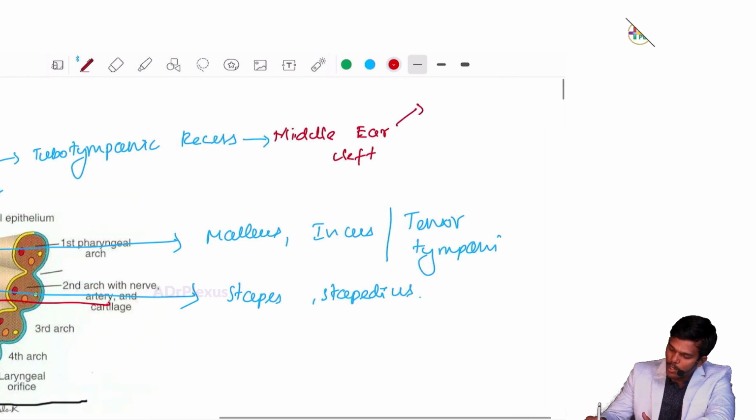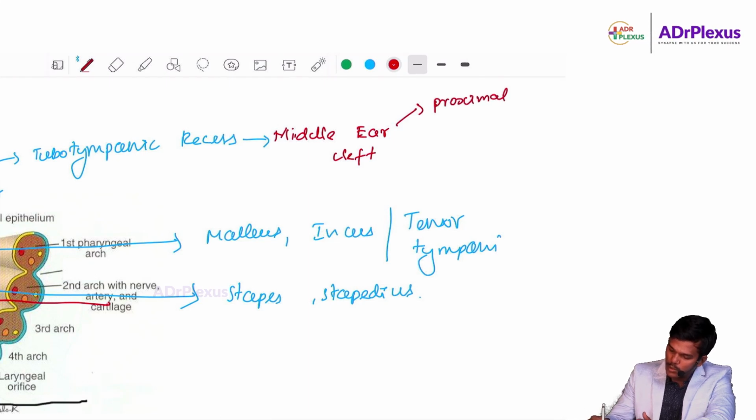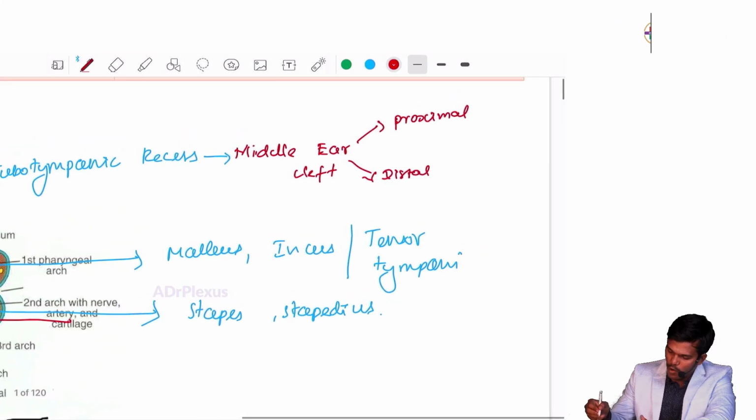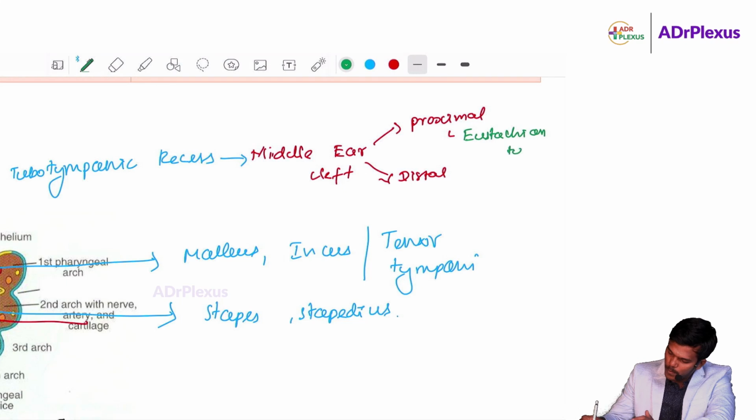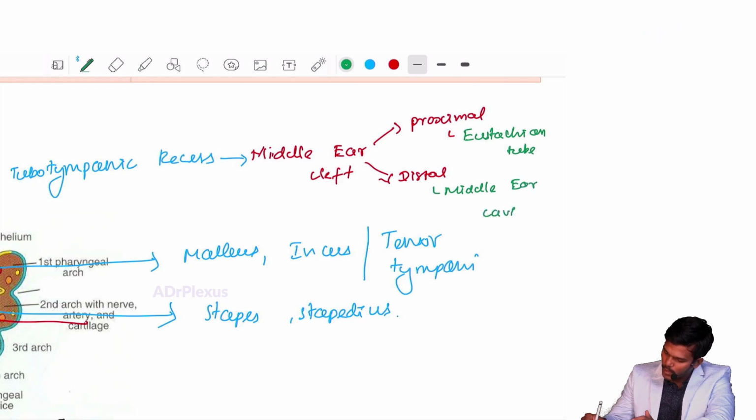The proximal part of the tubotympanic recess and then the distal part will form the Eustachian tube and middle ear cavity respectively. Clear?